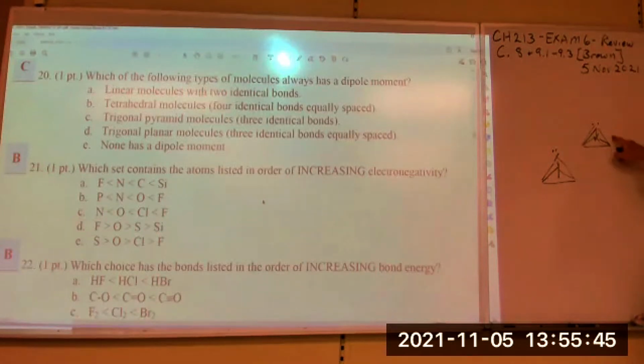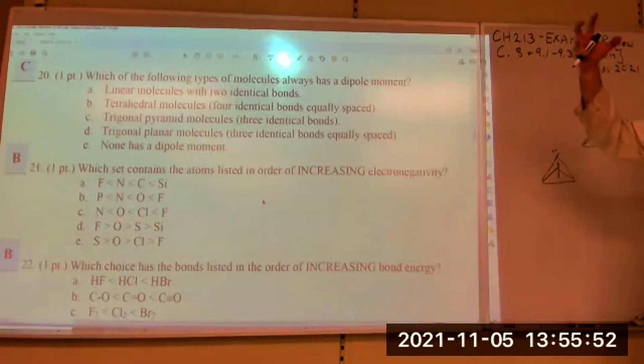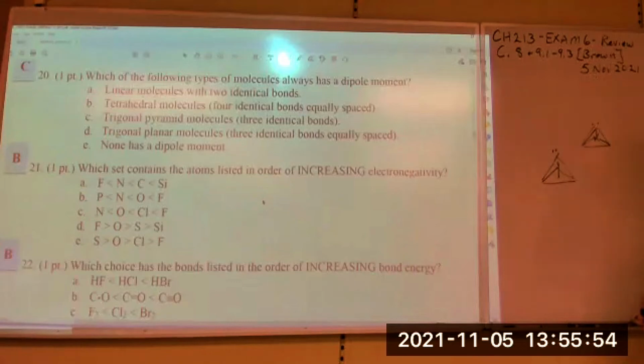So that one is always polar because you've always got that lone pair up there. And that's a huge negative cache of charge that drives it this way. Trigonal planar, nah. Trigonal planars always cancel out. So this one right here would always give you a dipole moment, simply because of where its origin.